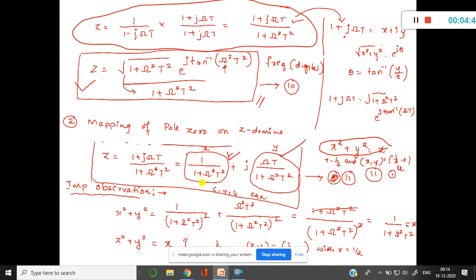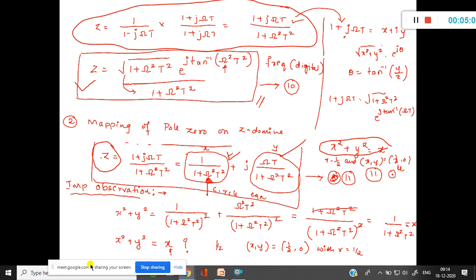Therefore, I conclude that whatever derivation we have made for Z is a stable system, because if I map all the frequencies of omega, definitely it will fall within the unit circle. So that's the conclusion that we drew from the previous session.